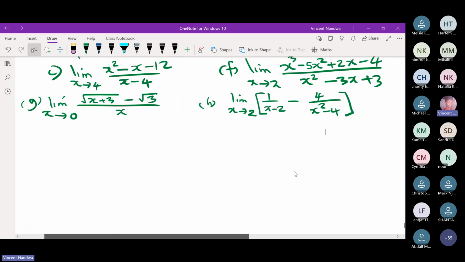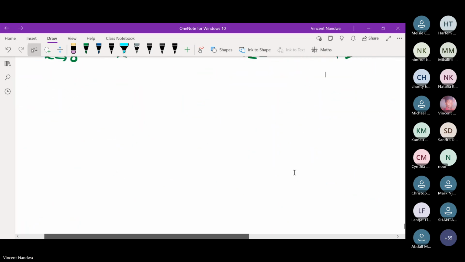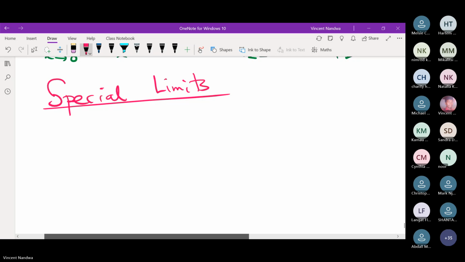So now consider some special limits. The limit as x approaches 0 of sine x over x.